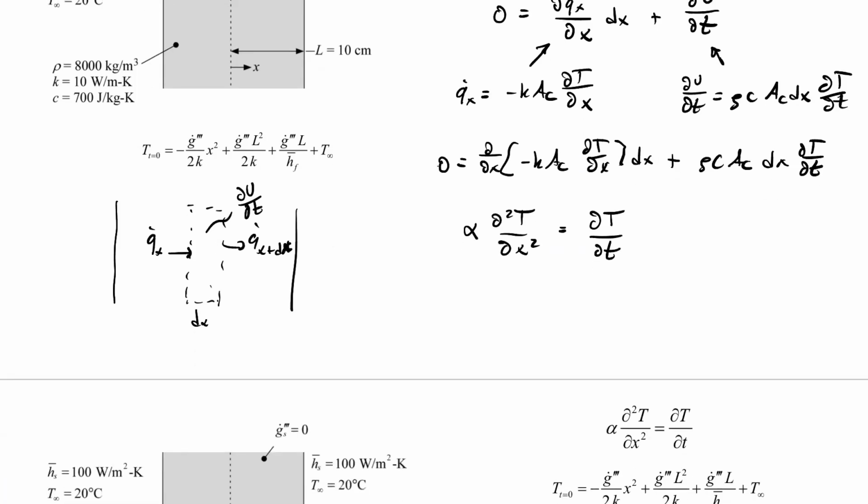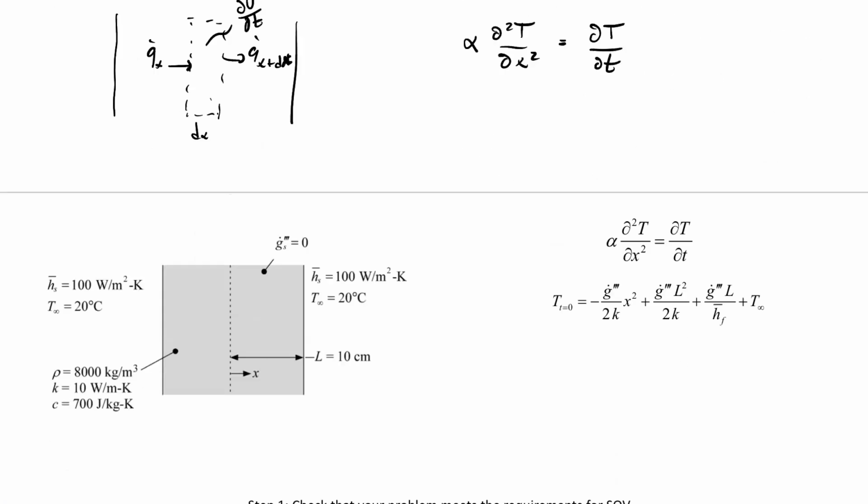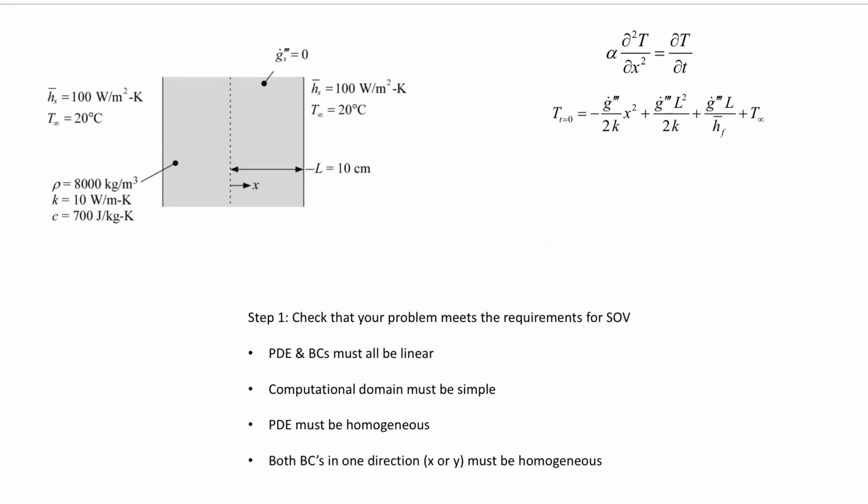So let's check for separation of variables requirements now. The same requirements apply. The PDE and boundary conditions must be linear. The domain must be simple. The PDE must be homogeneous. And both boundary conditions in one direction must be homogeneous. So, is the PDE and the boundary conditions linear?